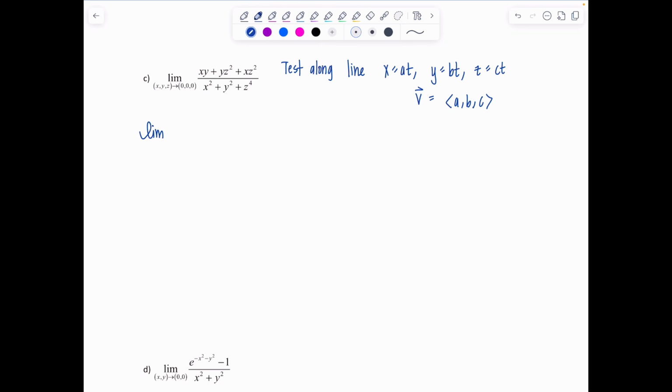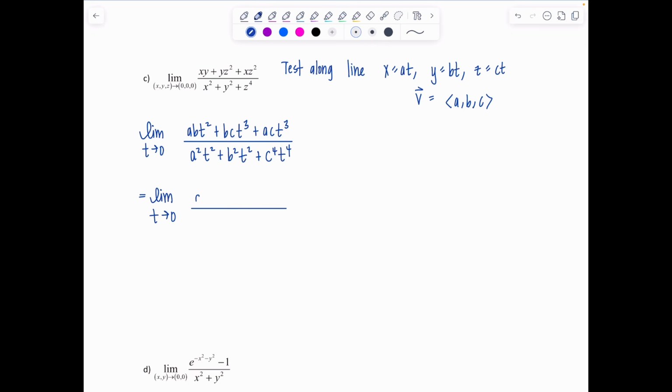So then we can write this as the limit as t goes to 0, and subbing everything in, this is going to be abt squared plus bct cubed plus act cubed over a squared t squared plus b squared t squared plus c to the fourth t to the fourth. Then you can just cancel out t squared from everybody. How thrilling.